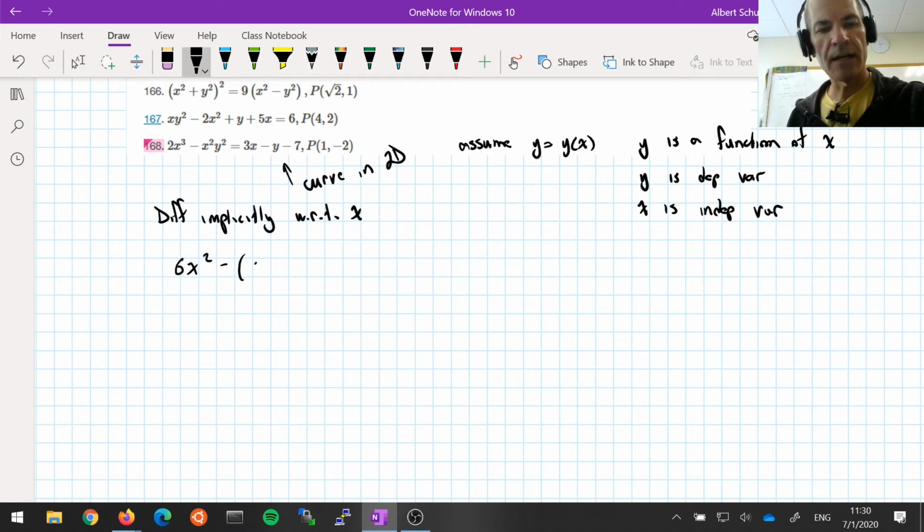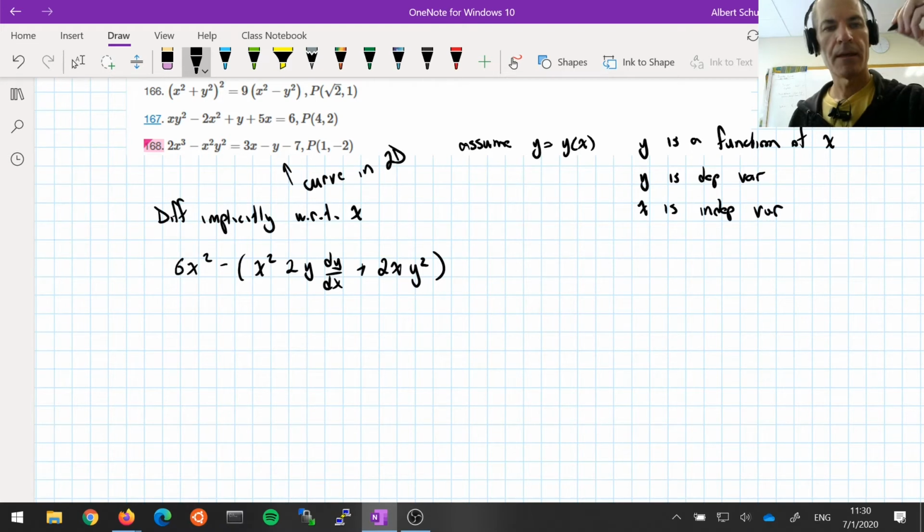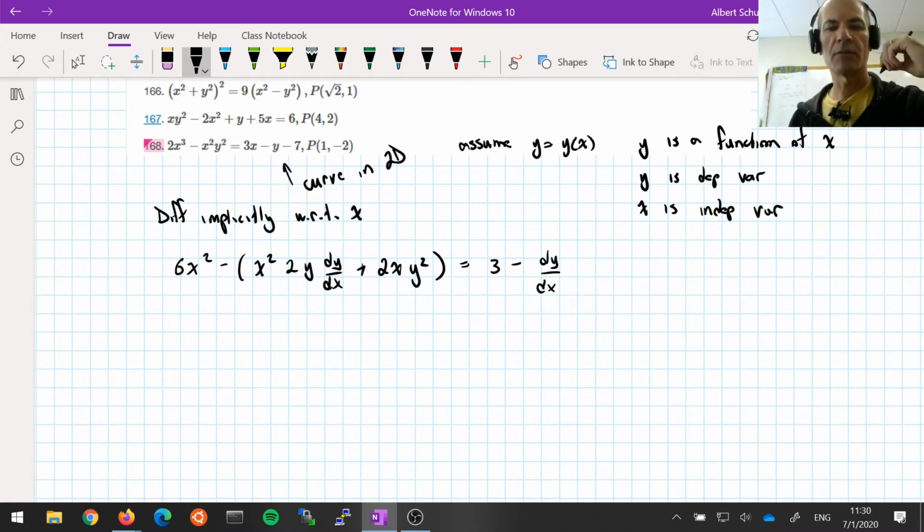So that's x squared times the derivative of the second, the first times the derivative of the second, so that's 2y dy/dx, plus the second times the derivative of the first, 2xy squared. And on the right-hand side, we have the derivative with respect to x, that's 3 minus dy/dx. And the derivative of the constant 7 with respect to x is 0. There's no need to really clean this up.